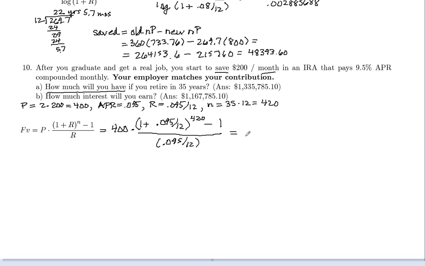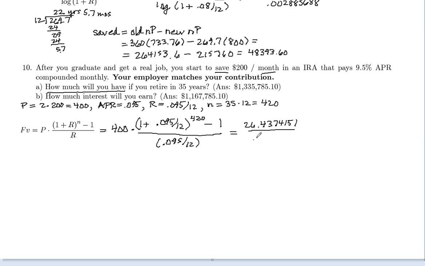Alright, so now we got the calculator work to do. So in here, I would do 0.095 divided by 12, get an answer, plus 1, get an answer, y to the x or caret 420, get an answer, minus 1 equals. Okay, and that should give you 26.4374151. And then on the bottom there, this 0.095 divided by 12, that's a repeating decimal.